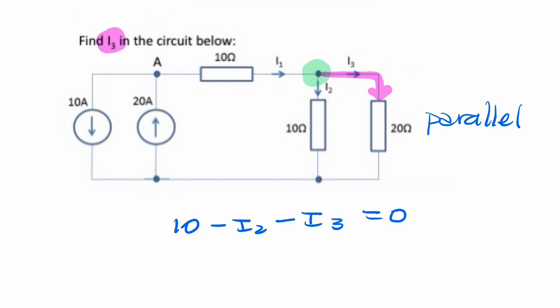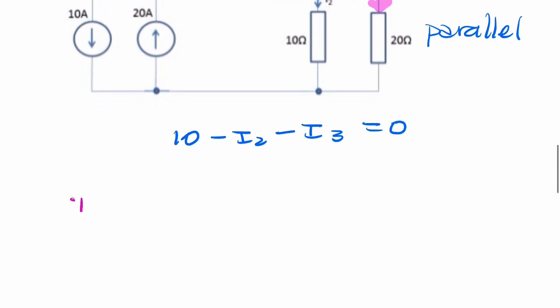And potential difference is V equals I multiplied by R. So if you multiply this current times this resistance, you should get the same as this times this. So we can say that I2 times 10 equals I3 times 20.